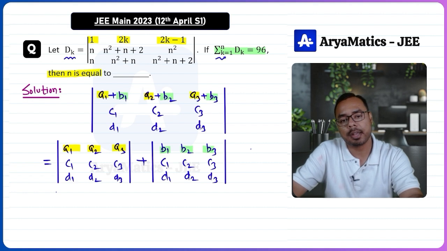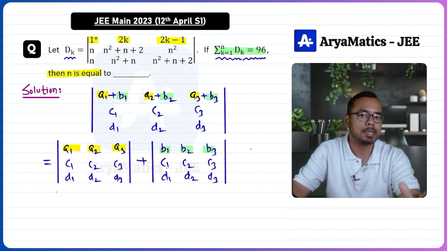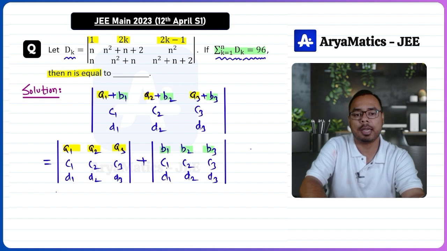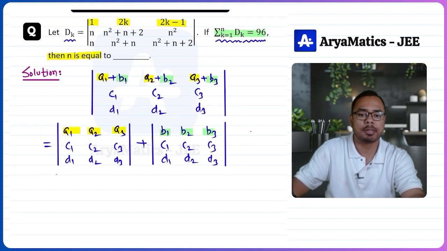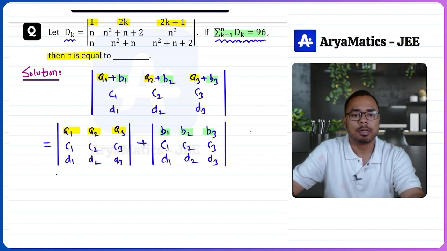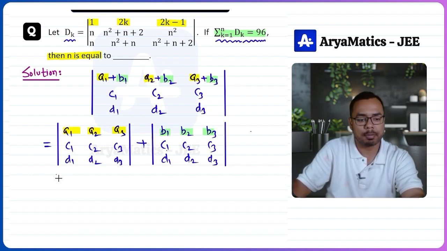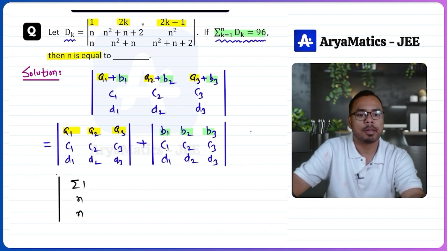So if I want to add all of those determinants, we can just add the corresponding elements of the first row, which means we can take this sigma notation inside the determinant along the first row. So the summation of Dk is given as 96. This means we can take that sigma notation inside the determinant, and we can write this as sigma 1, n and n.